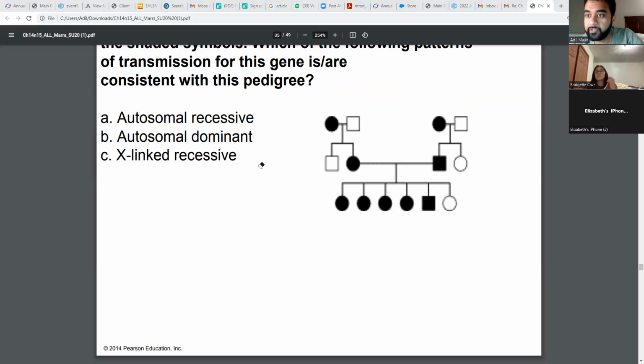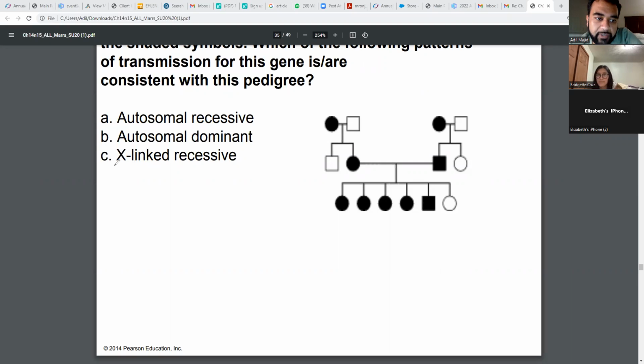That's the easiest one to know, or sex-linked is usually the easiest one to know. Not always, but that's typically how I would start, at least as of right now. As we do more, I may change my mind.